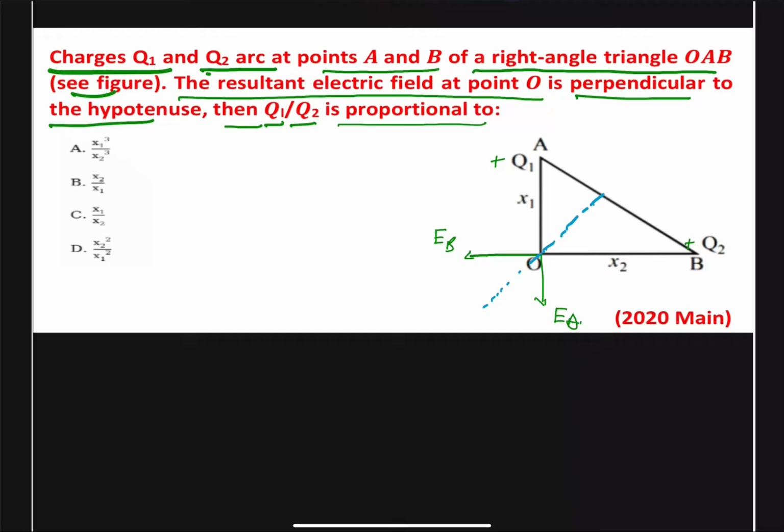So let us suppose this is our resultant electric field E, and if this angle is our theta, then this angle will be 90 minus theta. So we get this angle will also be theta, and this angle is also equal to theta.